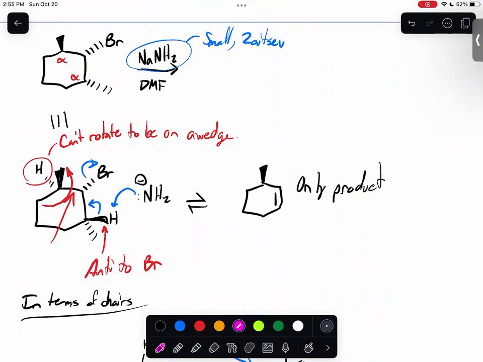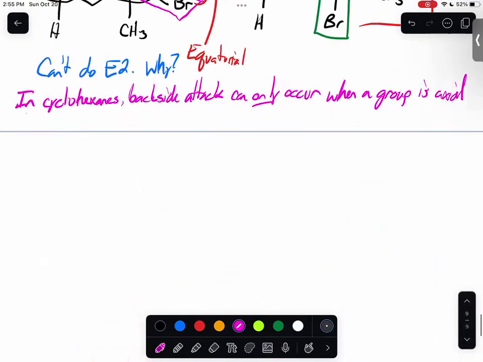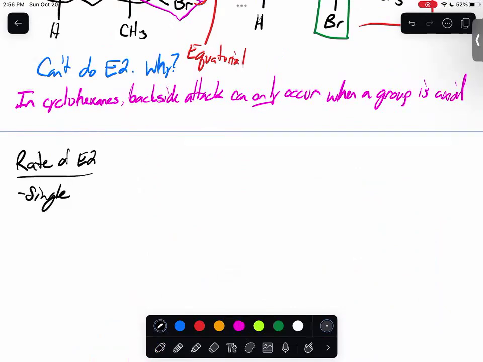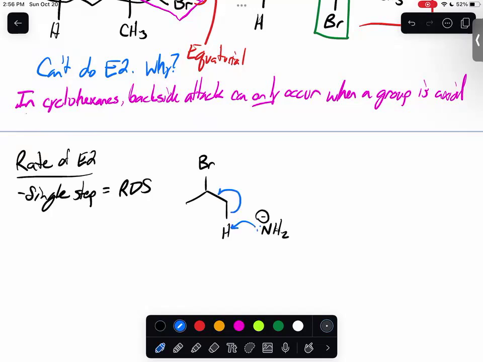Okay, next thing is the rate of E2. As a reminder, this is a single-step concerted reaction, which means the single step is the rate-determining step. That step is the only one which requires our base to come in and interact by grabbing that proton, forming the alkene, and kicking out the bromide.